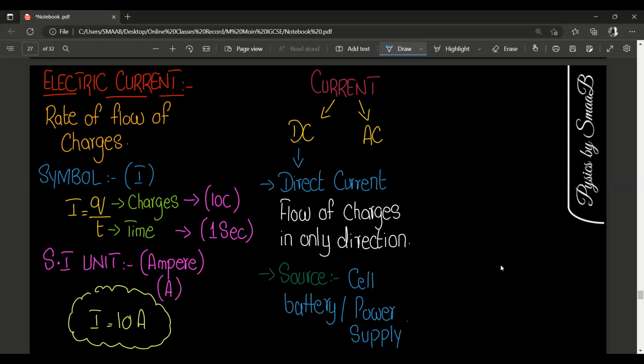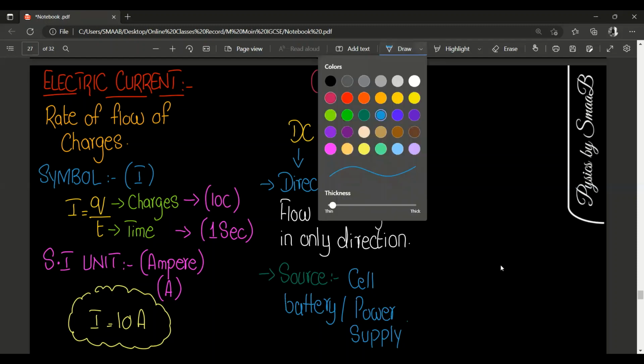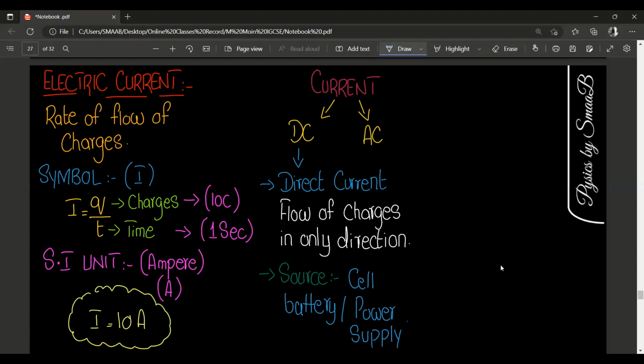Yes. And further, if we discuss their graphical representation, so we are discussing the graphical representation of direct current, that is DC in short.